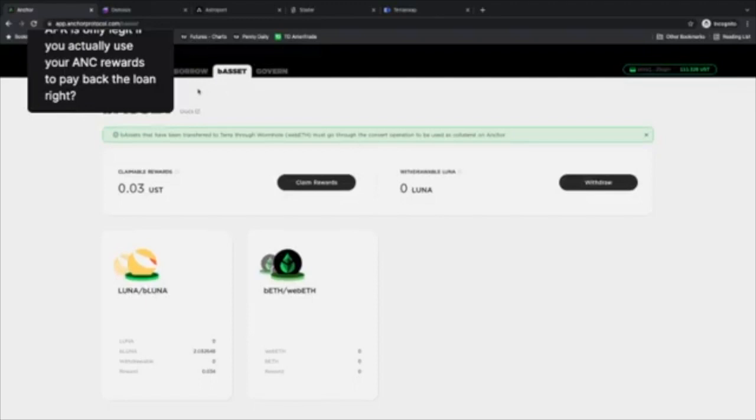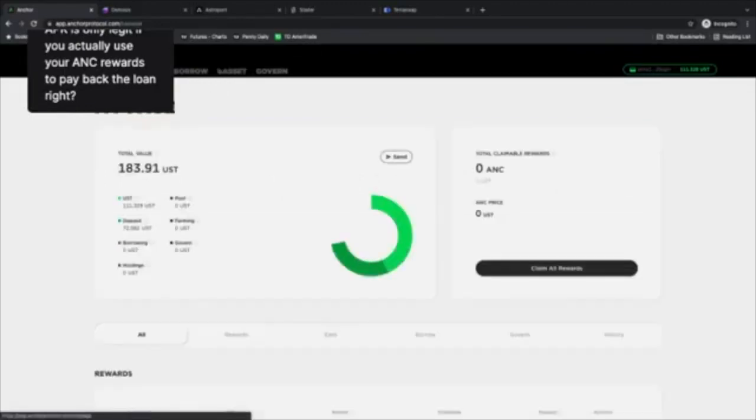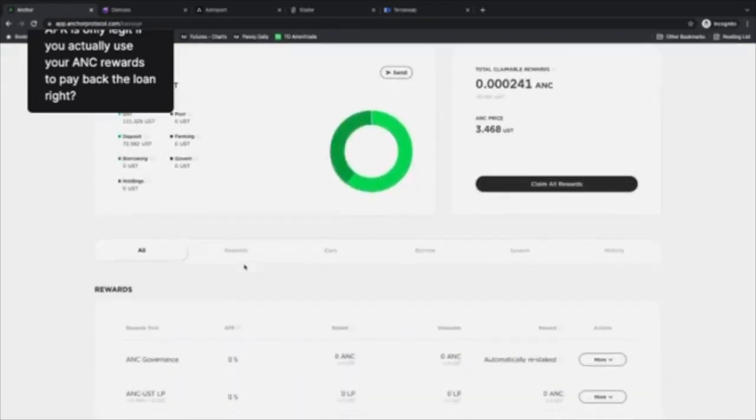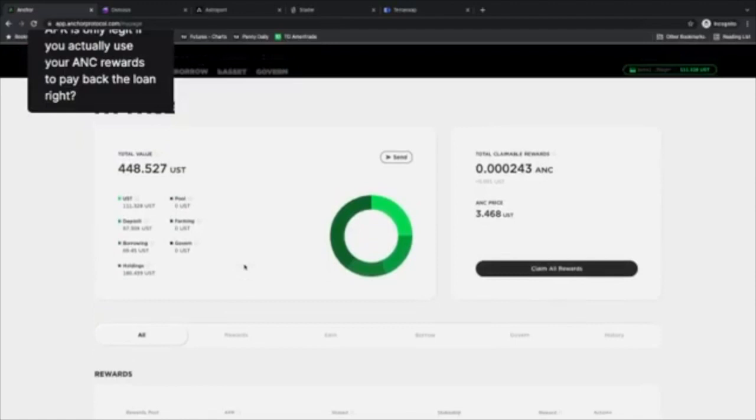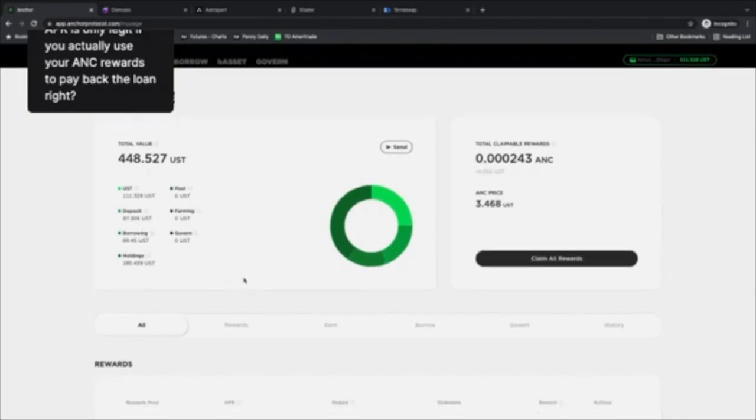So that's the burning process. Let's go back to the My page where we started real quick, just to show you guys how that has now updated. Essentially, it still shows my UST in my wallet, what I've deposited into Earn, and what I'm borrowing.